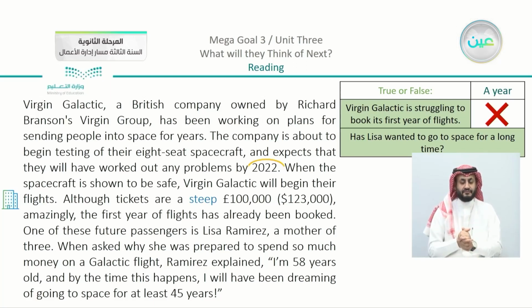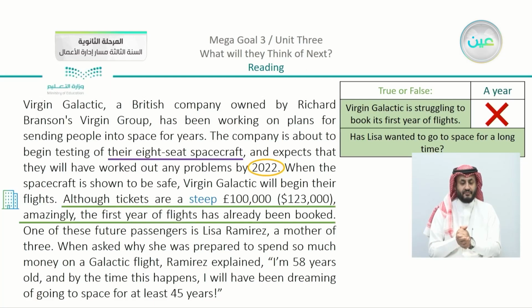We can see that by 2022 there were different flights, of course, this information is related to Virgin Galactic. And then after that, we have here Lisa, who was the mother of 3. Now, she was asked why she was prepared to spend so much money on a galactic flight.